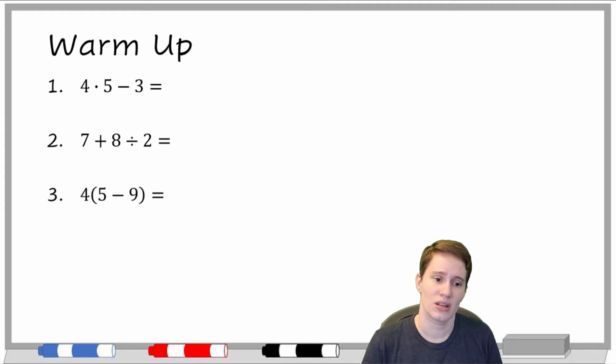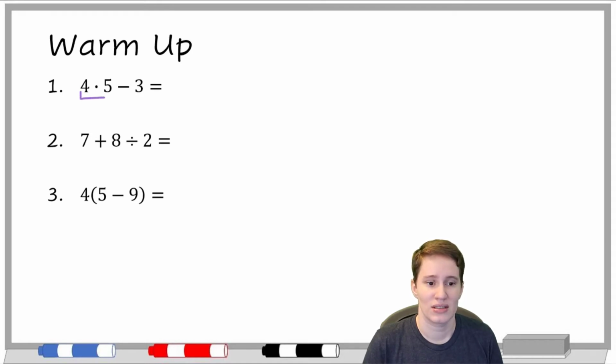And so the thing that we want to really cement in our minds is this idea that when things are being multiplied together or divided together, there is a connection between them that weighs more than addition or subtraction. It's a weightier connection. What I mean by that is on this first one, we have a 4 times 5, and then we have a minus 3.